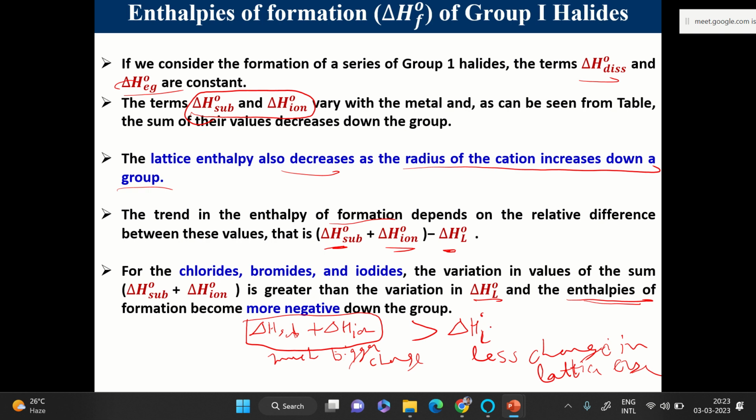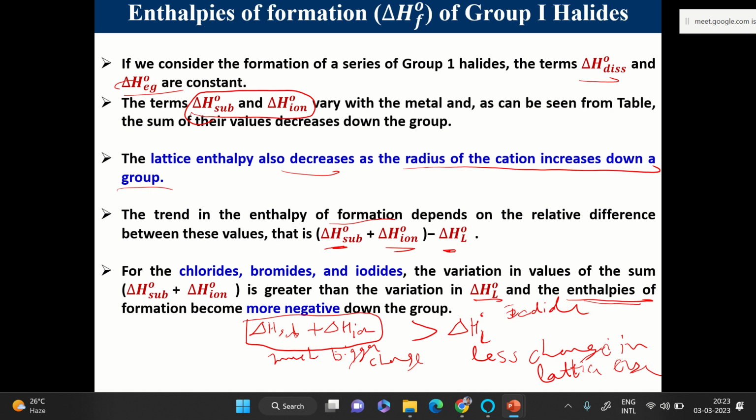Delta H lattice enthalpy is changing less. Sublimation energy is decreasing as you move down the group, and ionization energy is changing. If we fix iodide, what is constant? The electron gain enthalpy and the dissociation energy are constant.